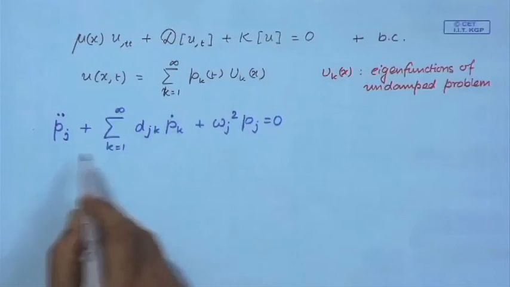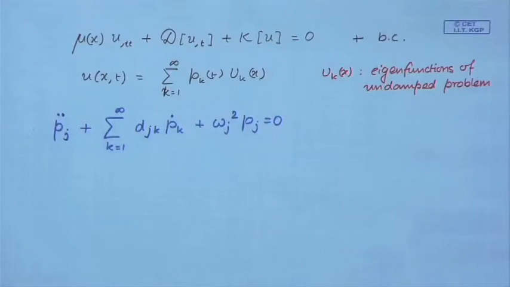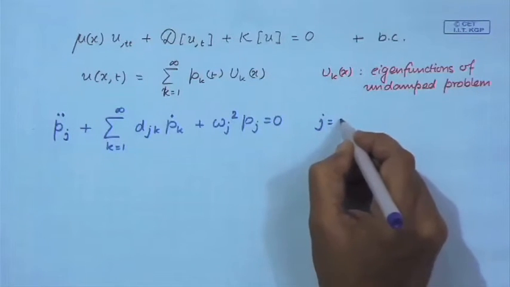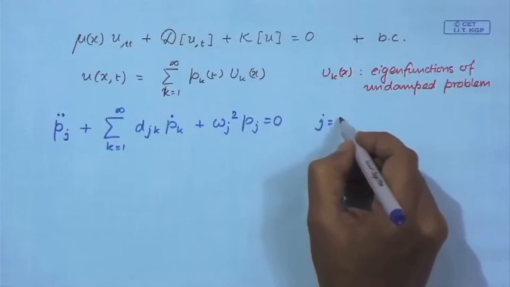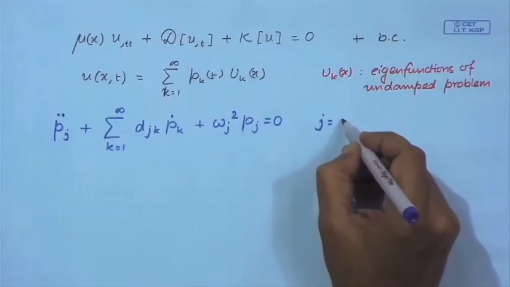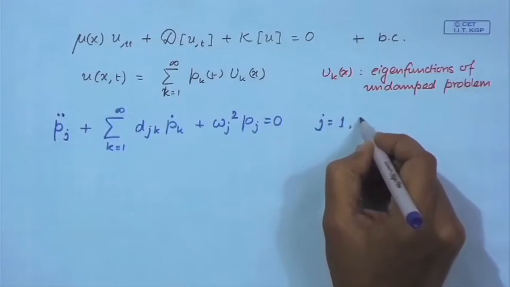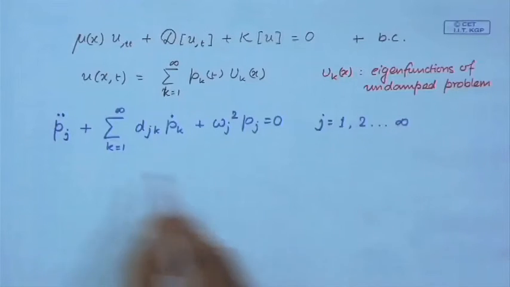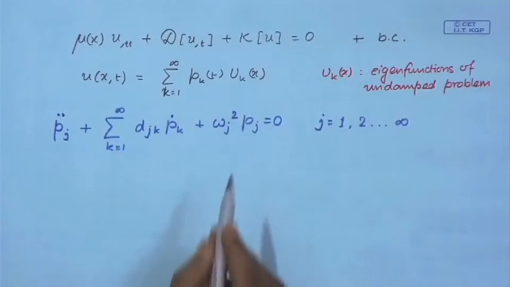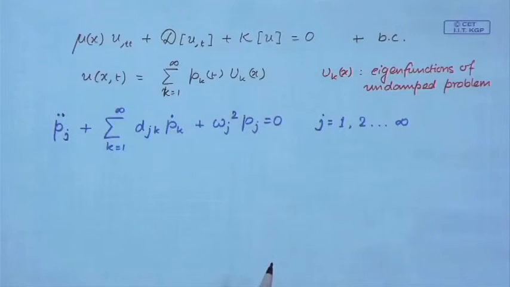So, I have directly written the coefficient of the jth term in the solution. I can carry this out for all j and get all the equations governing the modal coordinates.